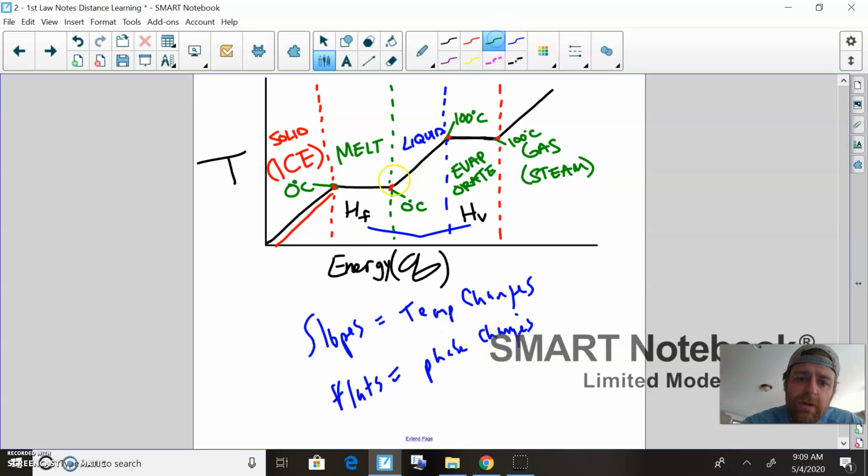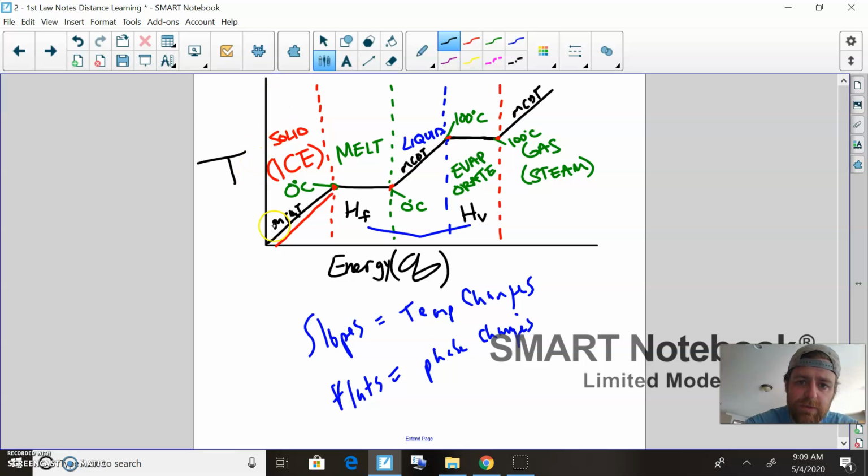We'll use mcΔT on the slopes, because we're having a temperature change.